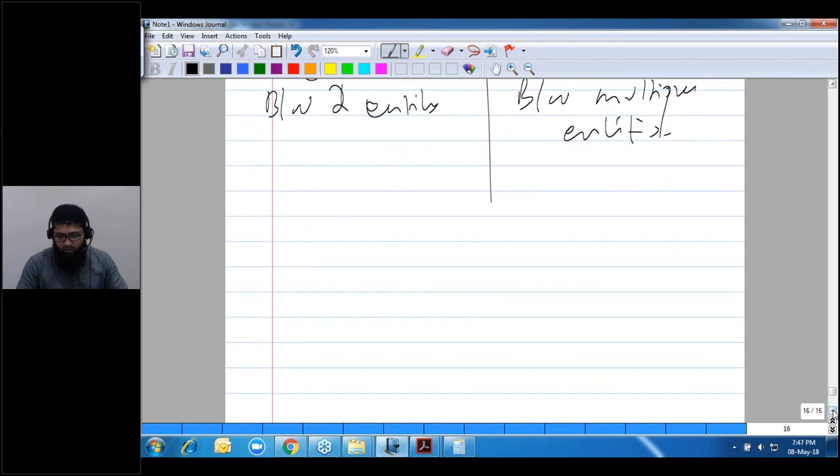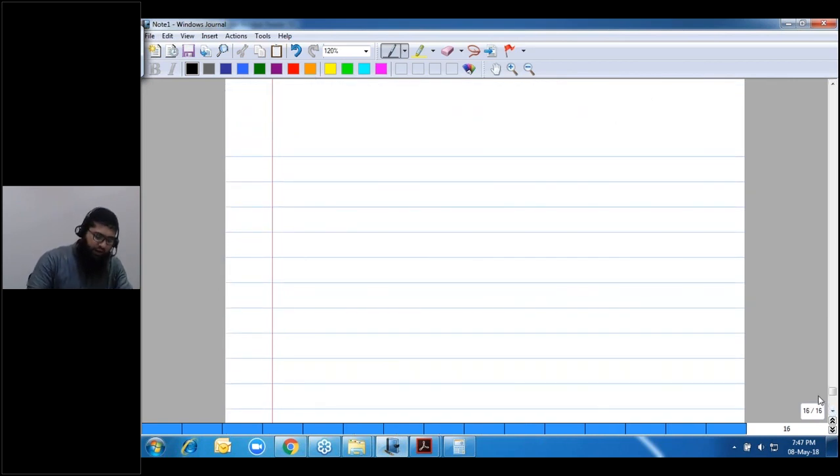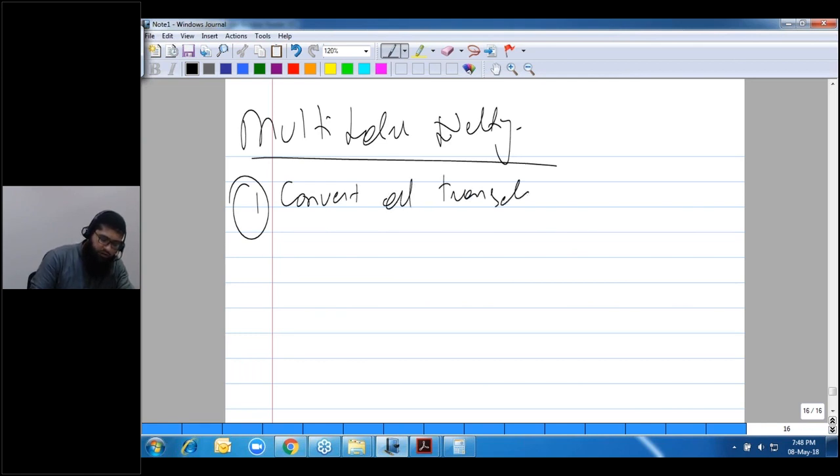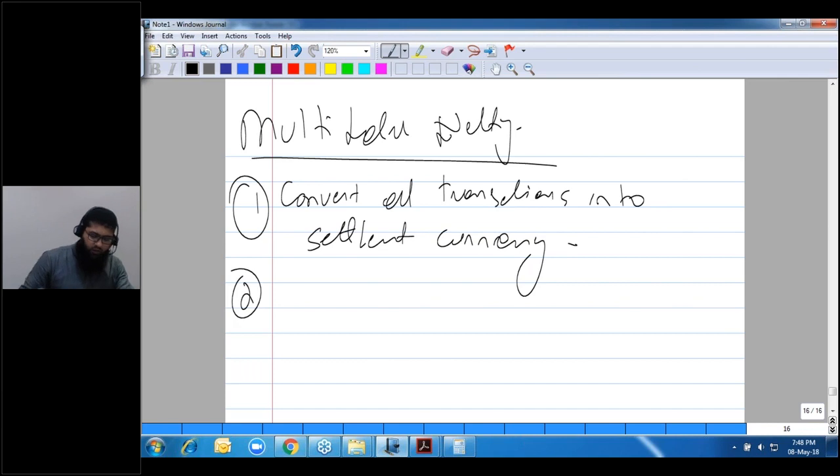Now, how exactly do bilateral and multilateral netting operate? Let's talk about it. The key steps for multilateral netting are: the first thing we need to do is convert all transactions into the settlement currency.